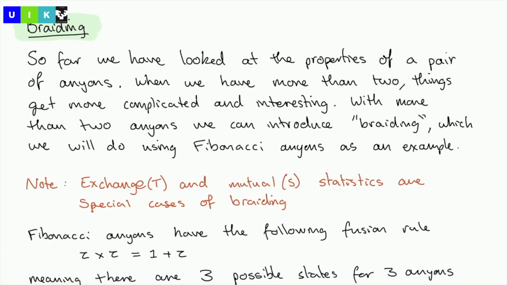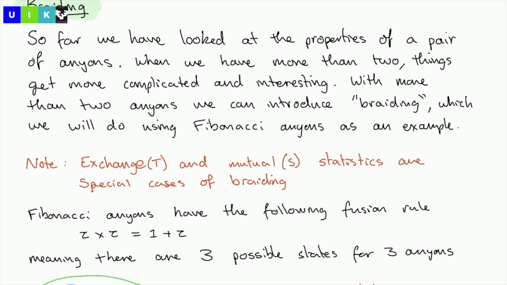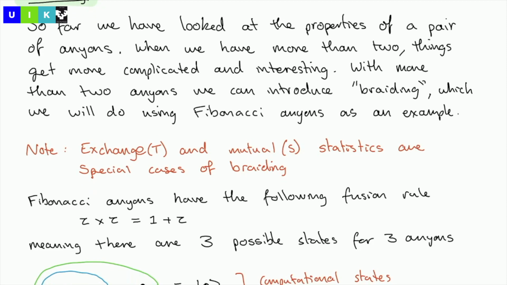Okay, so let's get on to the exciting part, which is braiding. So far, we've only looked at the properties of a pair of anions. If I exchange a pair of anions, or if I have this mutual statistics, or I fuse a pair of anions. Now let's go to the next case, which is let's have 3 anions. And now things get a bit more complicated, and we start to see the more general structure.